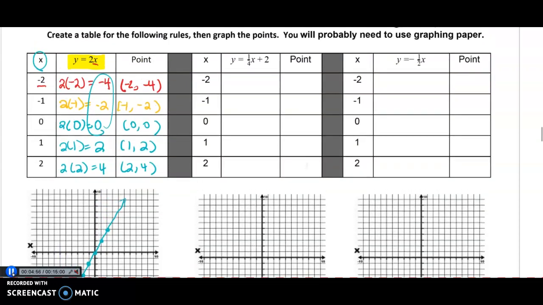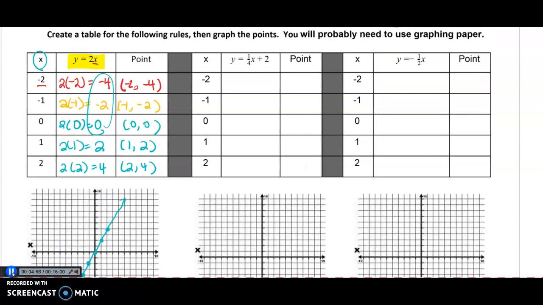Same thing for this one, it's just we're multiplying by 1/4. So we're going to do 1/4 times -2, and then we're going to add 2. 1/4 times -2 is -2/4, which is -1/2, plus 2 would give us 1.5.